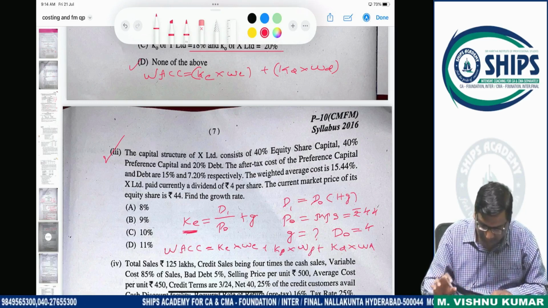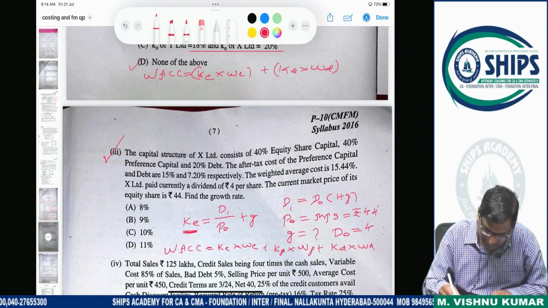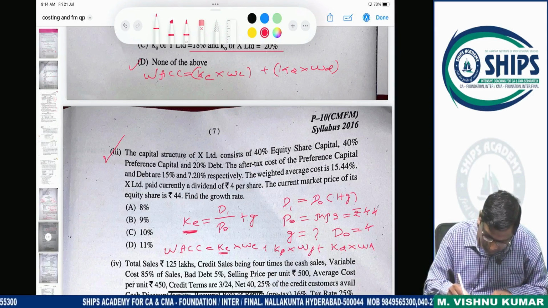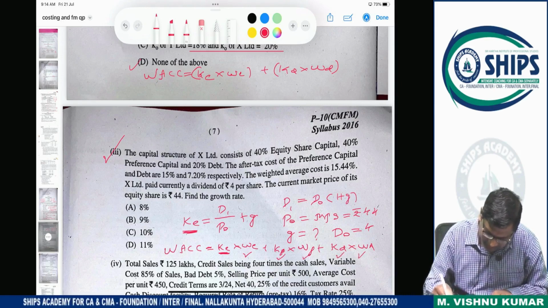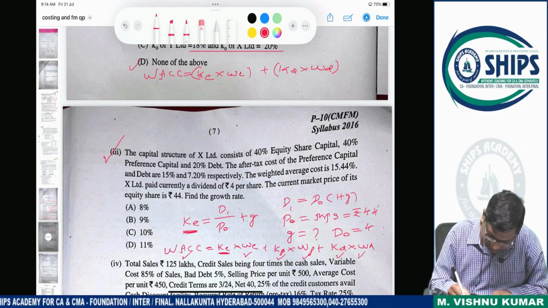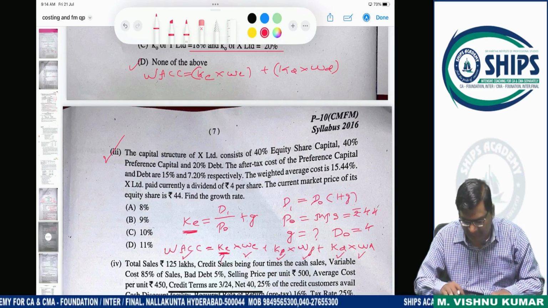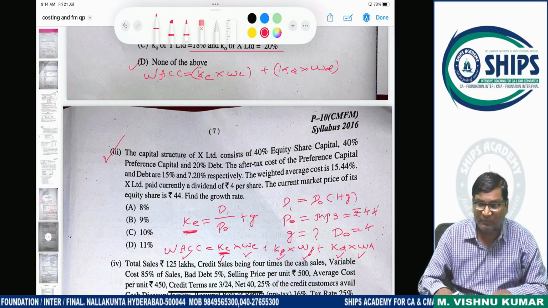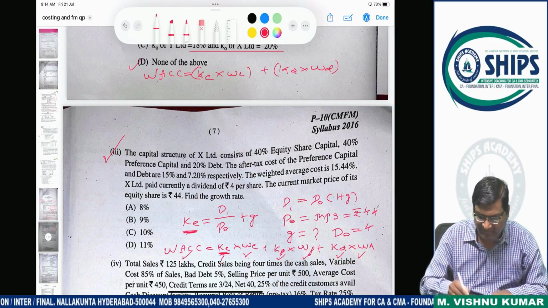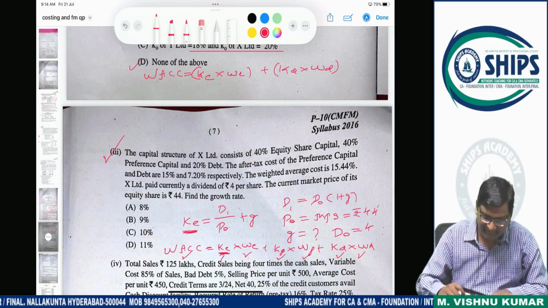From this formula we have to calculate. If you substitute the values here, you will get cost of equity, because weights are already given; everything is given, and only KE is missing. From this equation, we can calculate the KE.